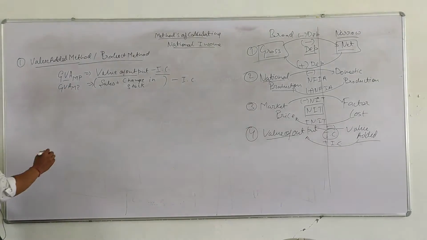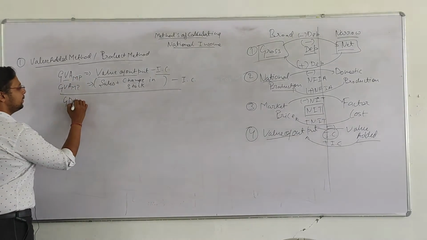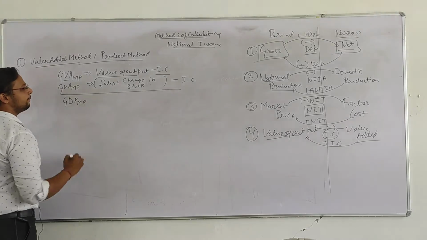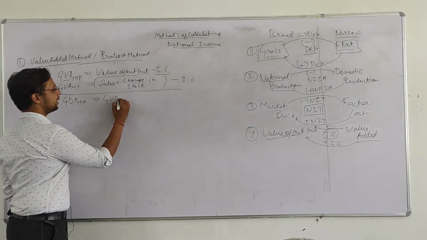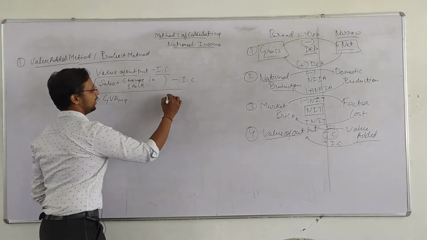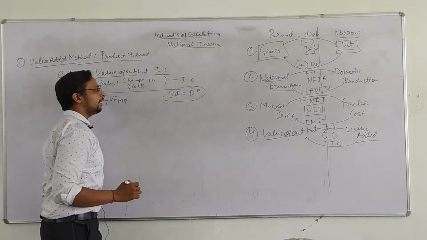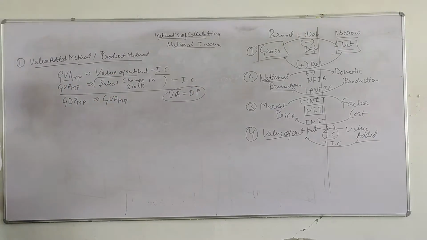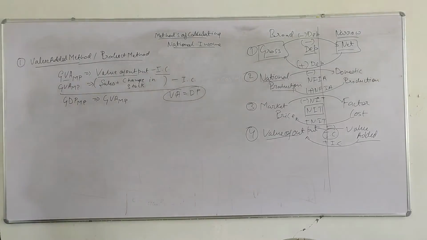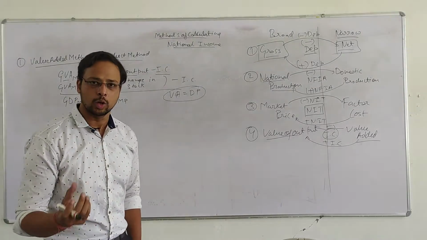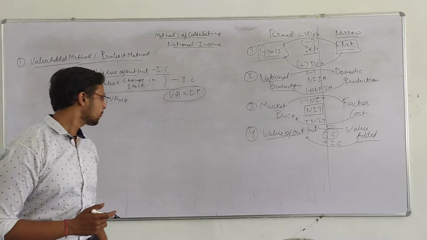And you must understand that the value of GDP at MP is equal to GVA at MP, which means value added equals domestic production, because I have told you many times that value added means production, and in the subject economics we study that production equals value addition, right?